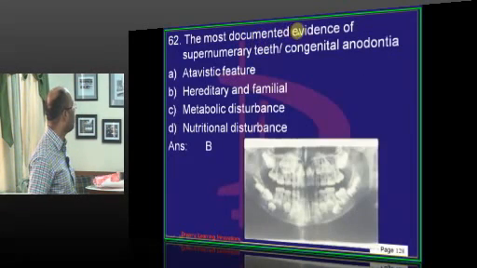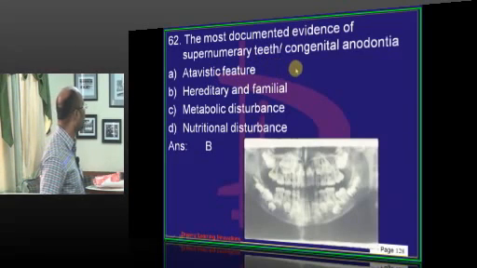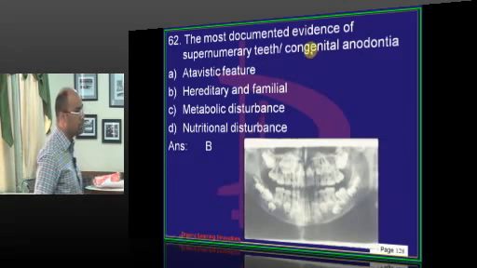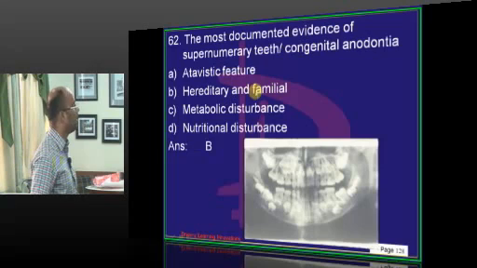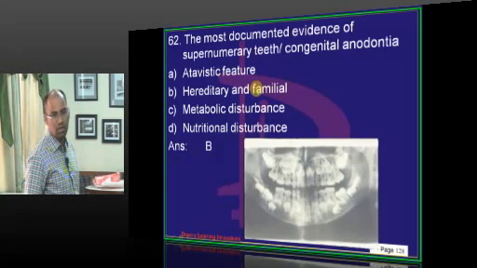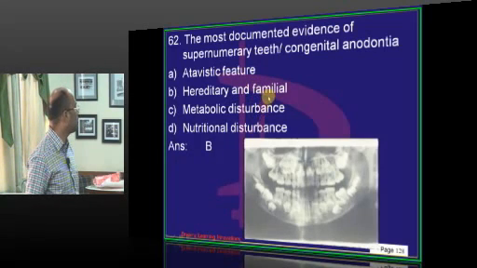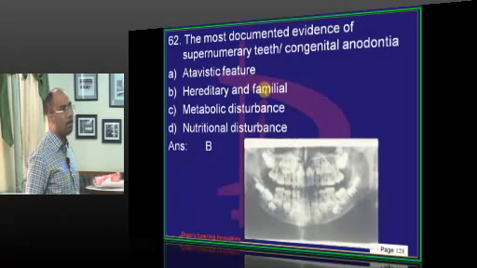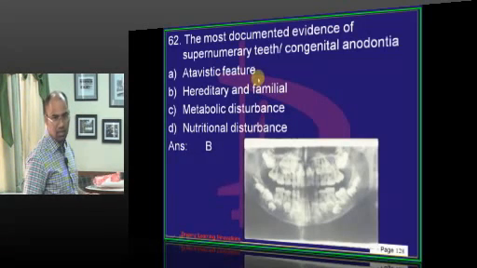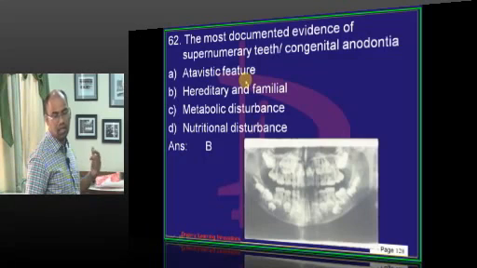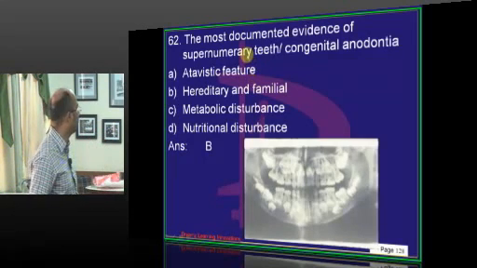The most documented evidence for the cause of supernumerary teeth or congenital anodontia is hereditary and familial. The most common cause for a supernumerary tooth or a mesiodens, or congenital anodontia, the absence of teeth or presence of extra teeth, is hereditary or familial.